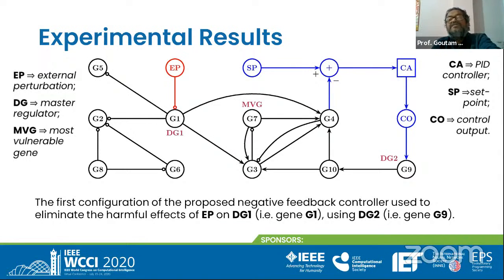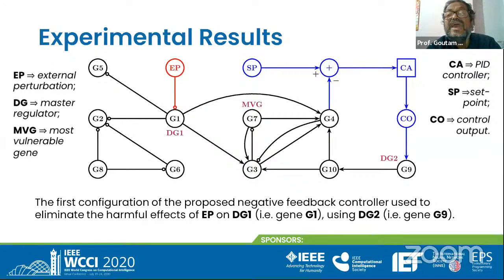sensors on G4 will find out the present position of G4, and I know the normal expression value of G4. So I find out what the disturbance, the error, is now. The error will drive the controller. This controller will tell us how much control protein should go into the blood so that G9 is disturbed to a level that mitigates the harmful effect on G4.